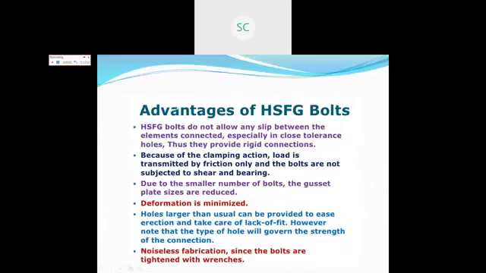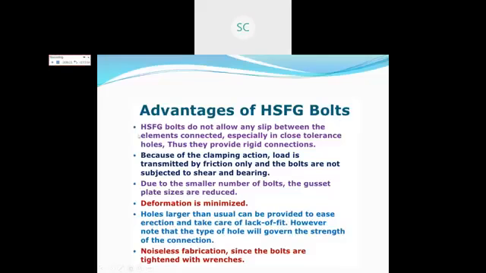So among these all three bolts, the high strength friction grip bolt has more strength, and this is used for the important connections. So, what are the advantages of these high strength friction grip bolts?